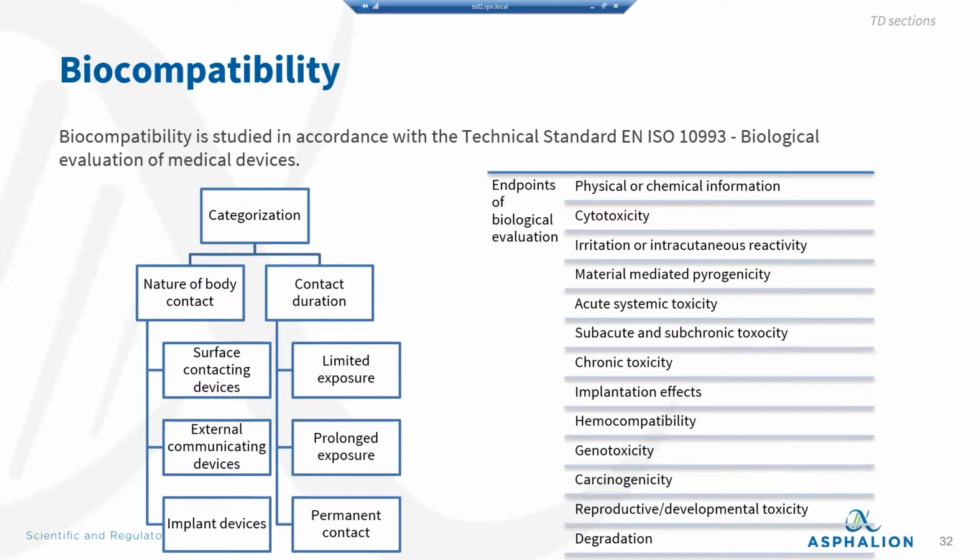So once you have identified the nature of this body contact and the contact duration, what you will have to do is assess specific endpoints for biological evaluation. Here you have a list of all the endpoints, which go from physical and chemical information, cytotoxicity, chronic toxicity, genotoxicity. You have them all here. But you will only have to assess particular cases, depending on your device.